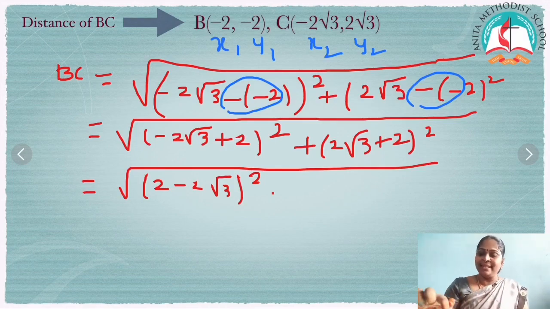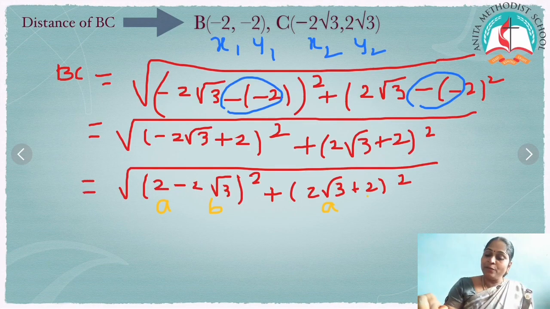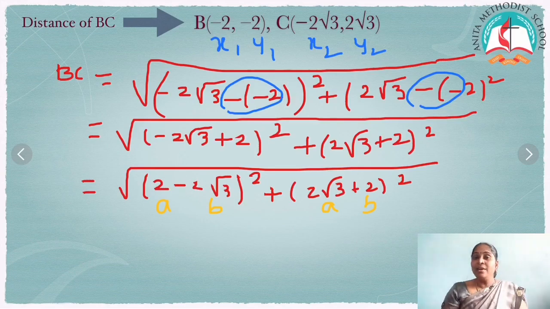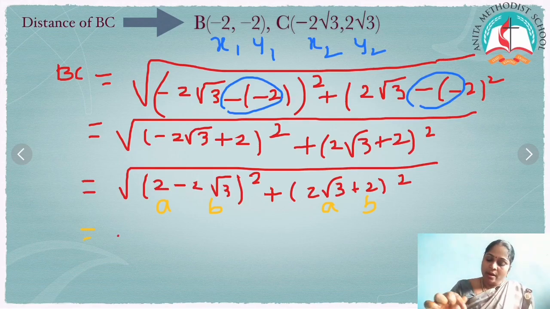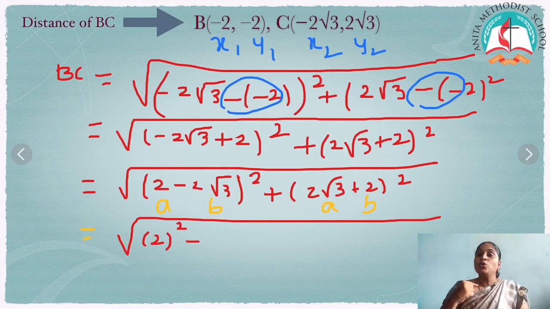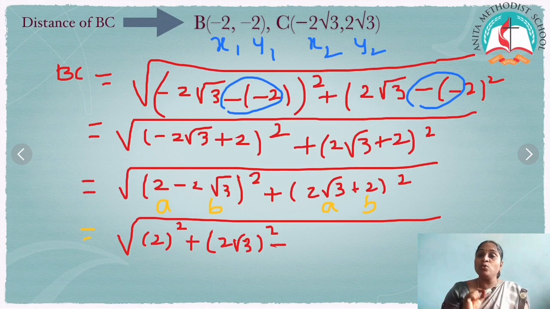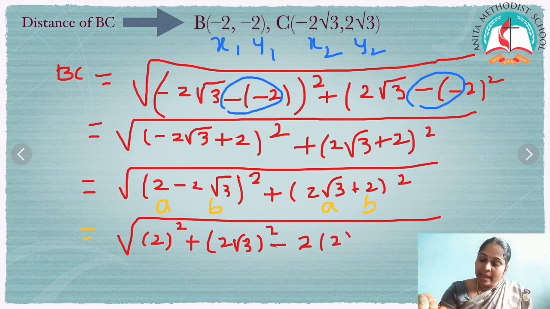Like this we rearrange, plus (2 root 3 plus 2) the whole square. This is the form of a minus b, and this is the form of a plus b. So here we are going to substitute the identities. What is the a minus b the whole square formula? a square, so what is a square? 2 square, minus, 2 root 3 the whole square is your b, so b square, 2 root 3 the whole square, minus 2ab. What is it? 2ab.